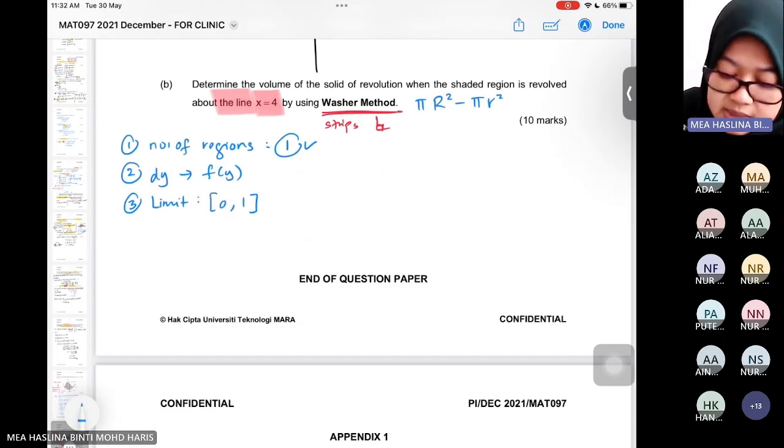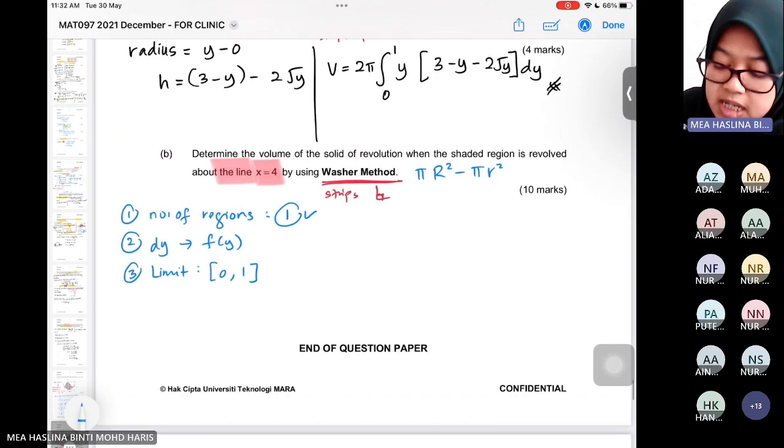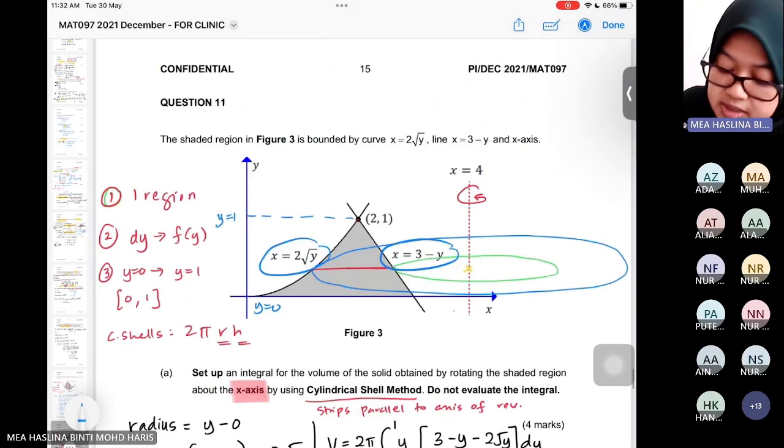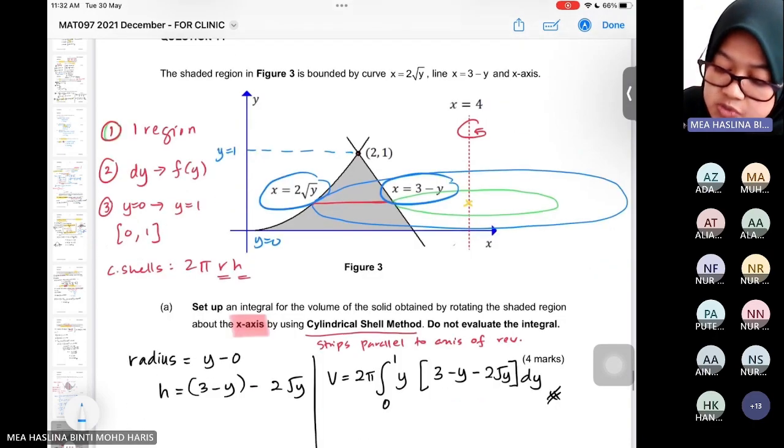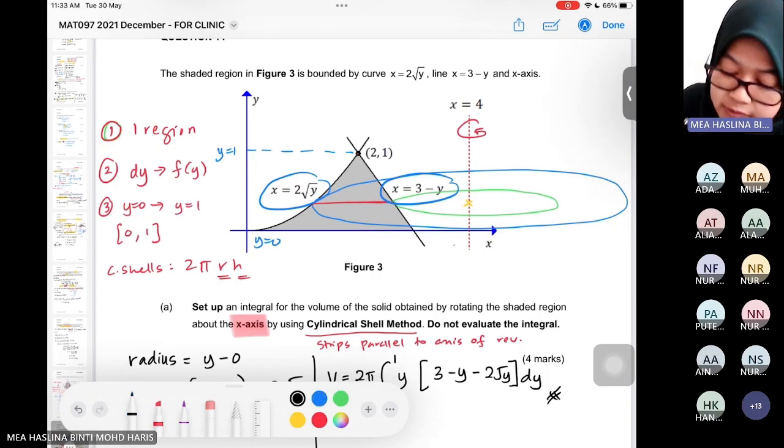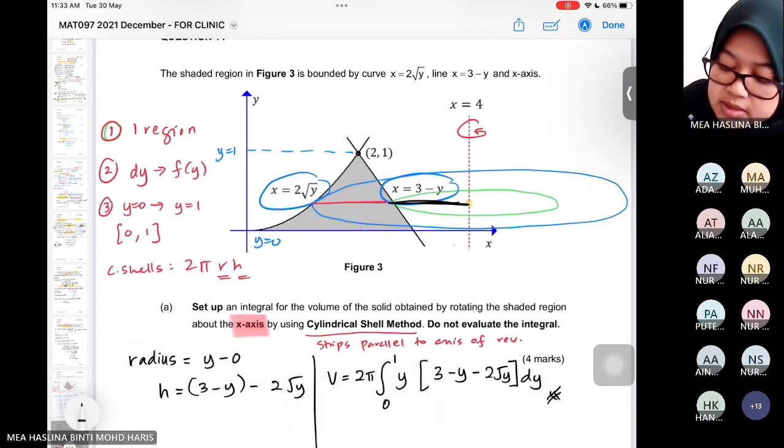And then you want to know the inner radius and outer radius. So inner radius, you see that it's from the point x equal to 4 until the point on the line x equal to 3 minus y. So you have this, the black one that I drew there, from the center to the point on the line.